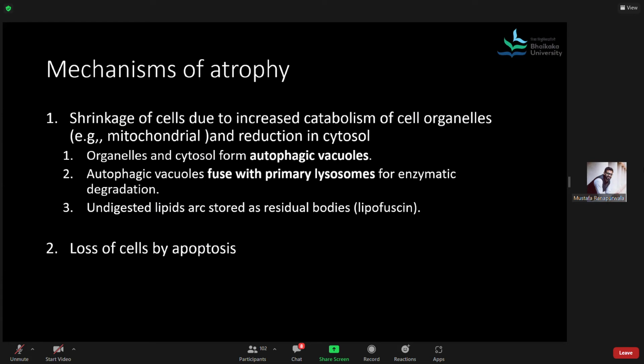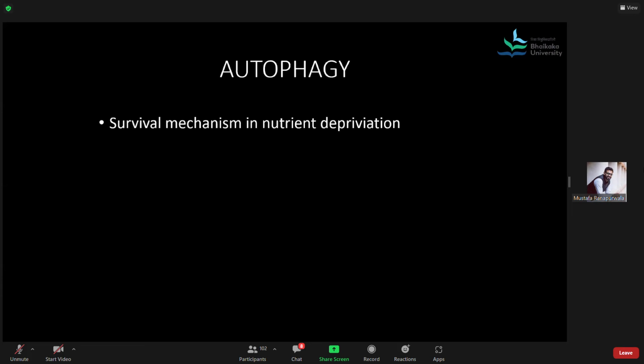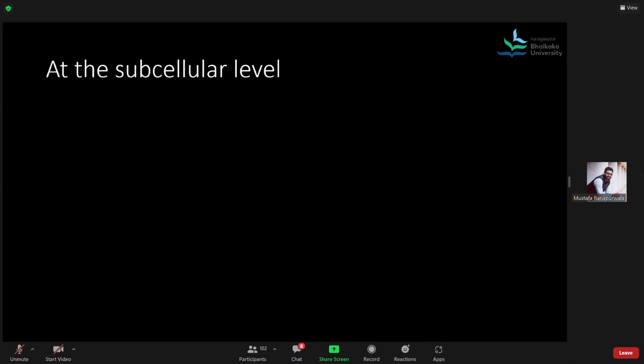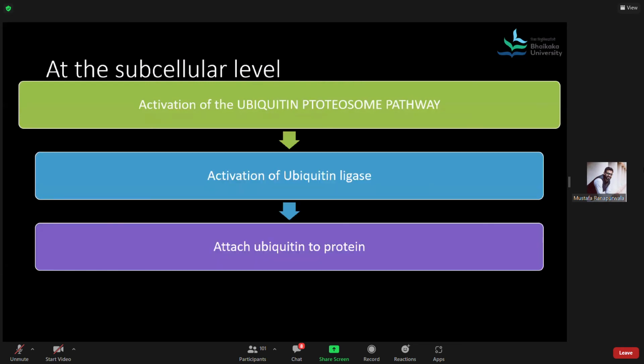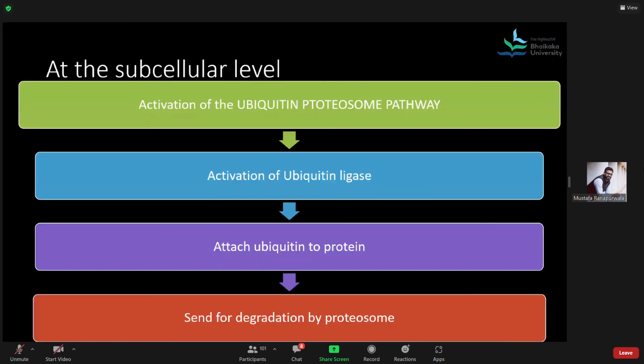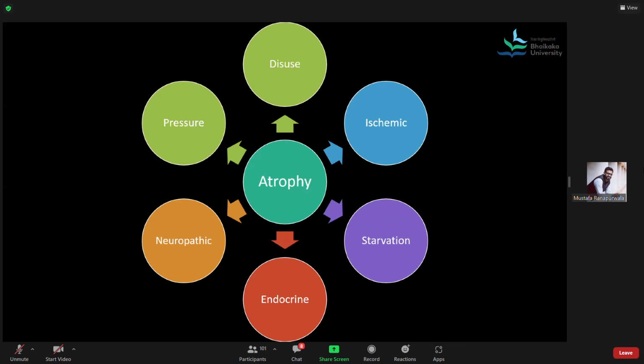So that is how atrophy essentially occurs in individual cells in response to negative growth signals, starting with autophagy, continuing to the ubiquitin proteasome pathway, and ending in apoptosis. That again brings us back to the group of pathological atrophies, right?